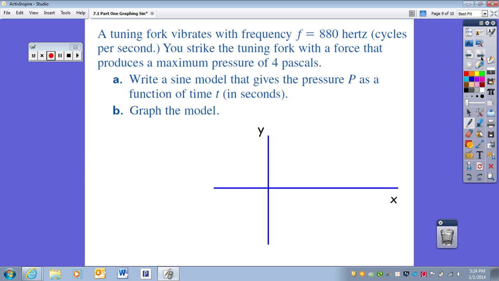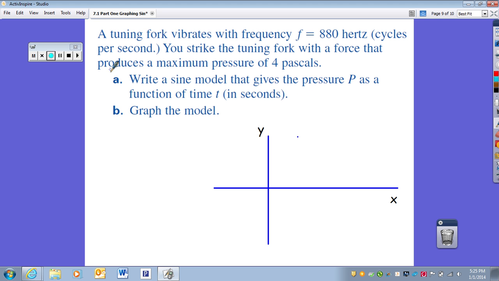A tuning fork vibrates with a frequency of 880 hertz, which is cycles per second. You strike the tuning fork with a force that produces a maximum pressure of 4 pascals. Write a sine model that gives the pressure P as a function of T in time, which is seconds, and then we're going to graph the model. So we begin with our basic function, which is going to look like this.